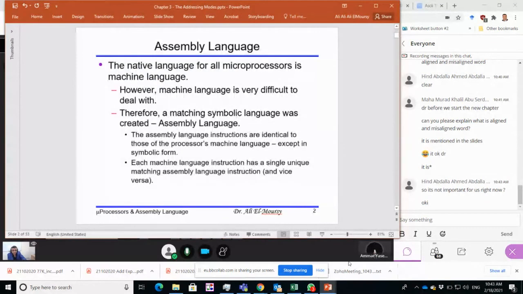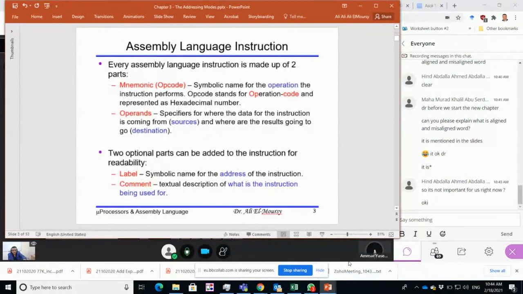Today we are starting chapter 3, and I just wanted to put a kind of introduction to this chapter. This chapter is explaining the syntax of writing code in assembly. We need to know the taxonomy of the instruction: what are the different components the instruction is composed of, and what types of addressing modes we have for each instruction.